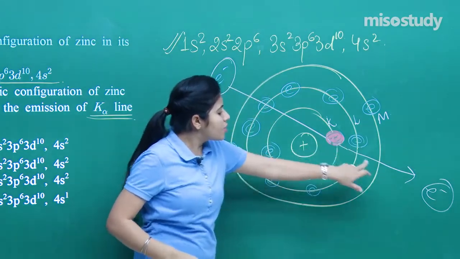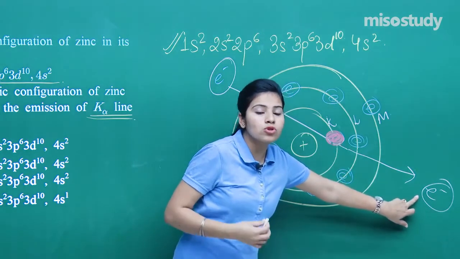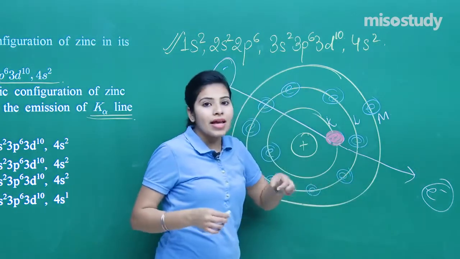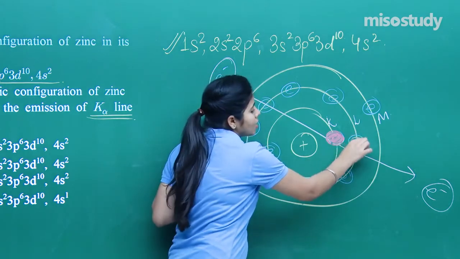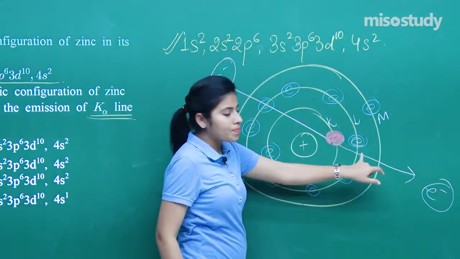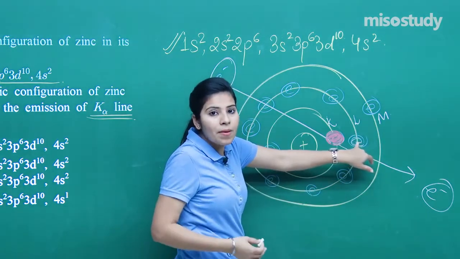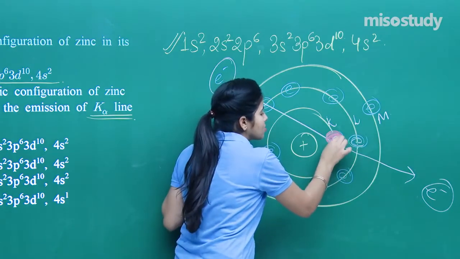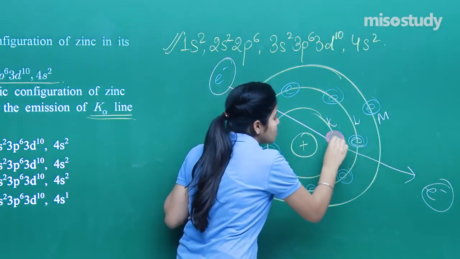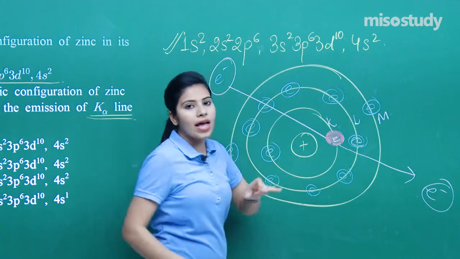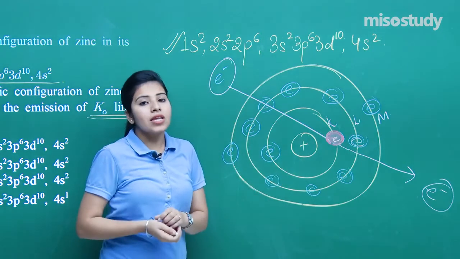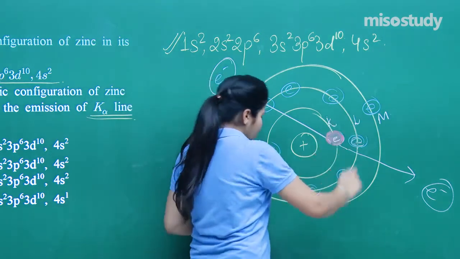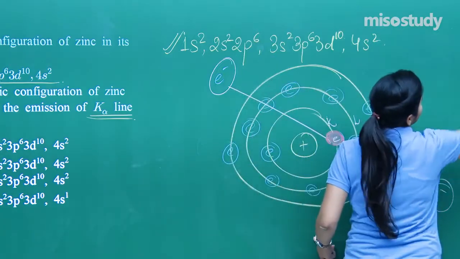Suppose this electron was knocked out by the electron, then in that case the electron that is present in the L shell will come and fill this space. Let me just write over here, this is the electron from the L shell.